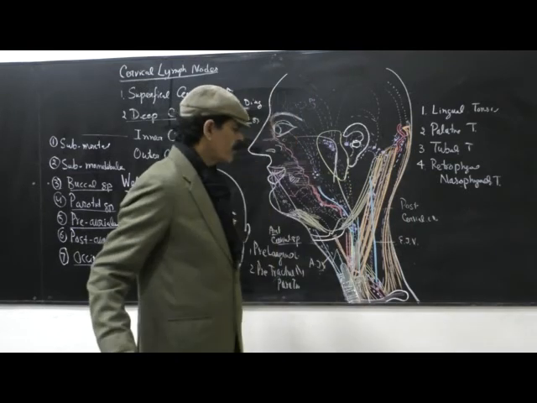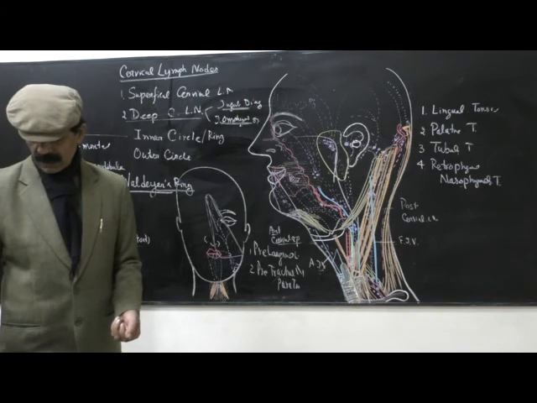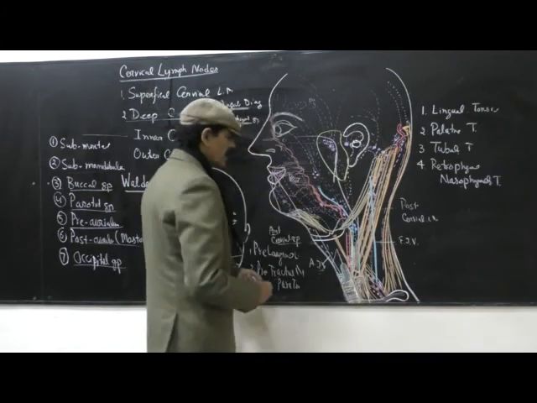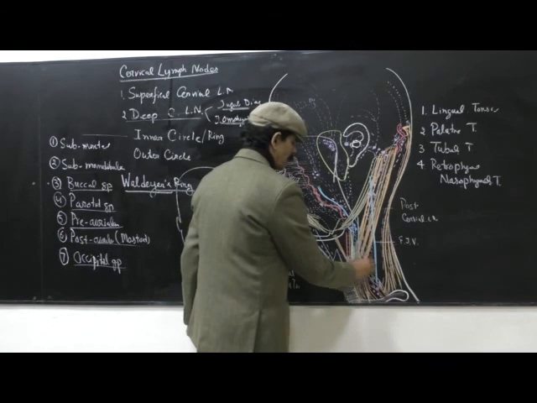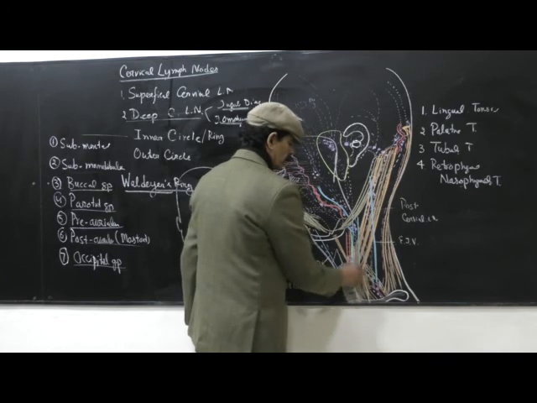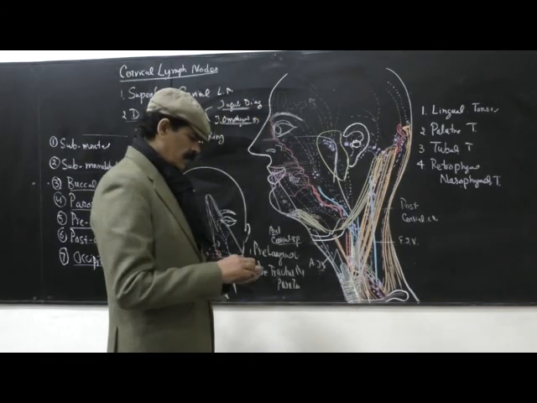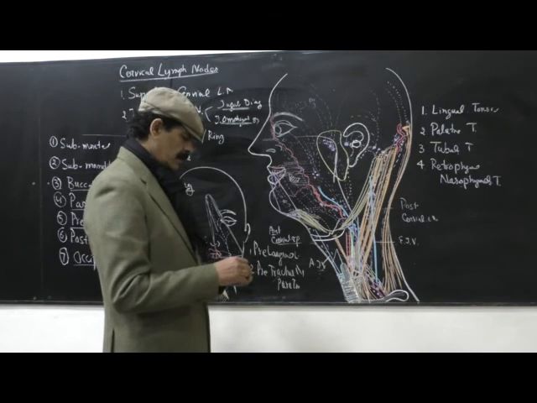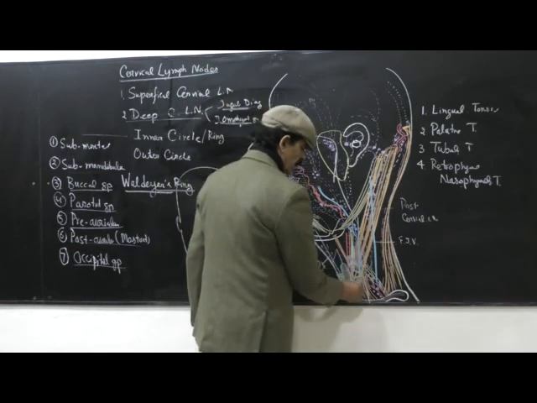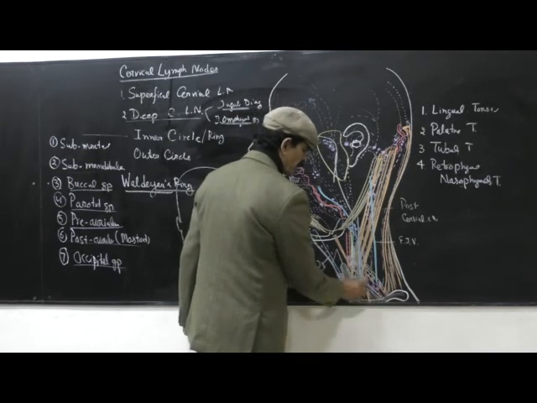On the left side, the channel so formed by the union of these lymph nodes ultimately drains into the junction between the left subclavian vein and the left internal jugular vein.